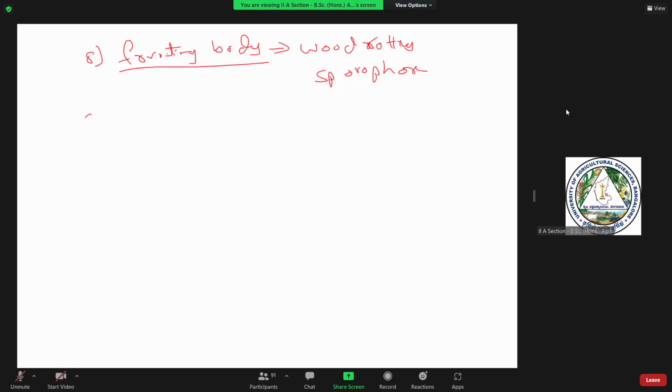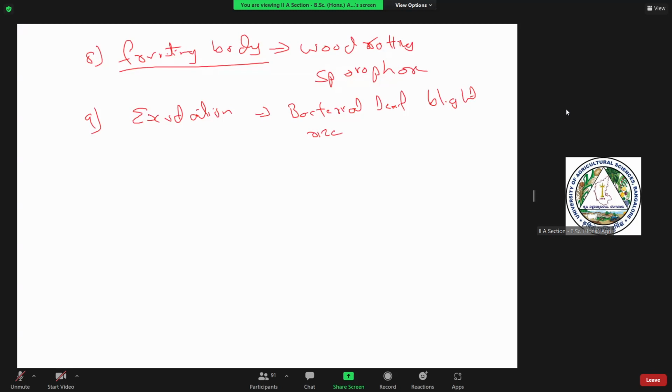And in some cases, the symptoms appear like exudations. Exudations means something is coming out from the infected part, like a gum. This is very common in the case of the bacterial leaf blight of rice.